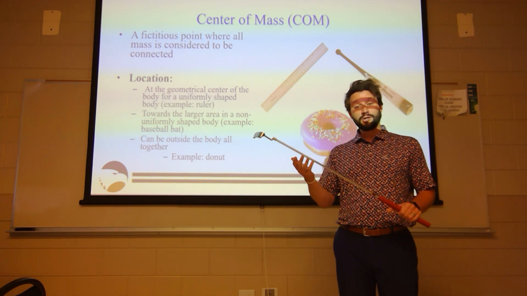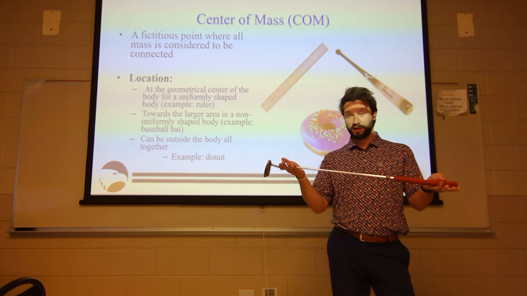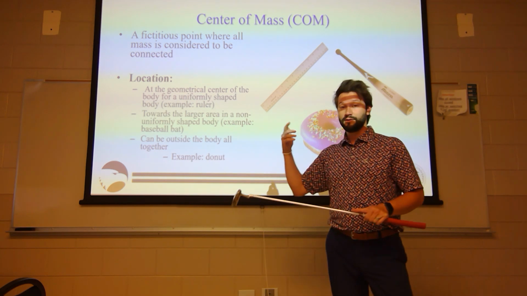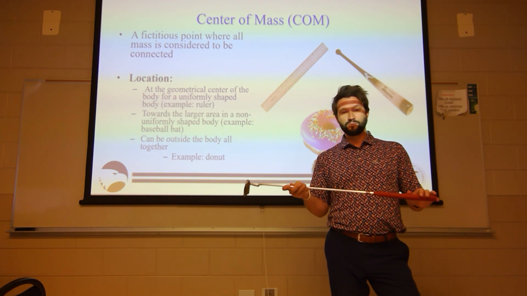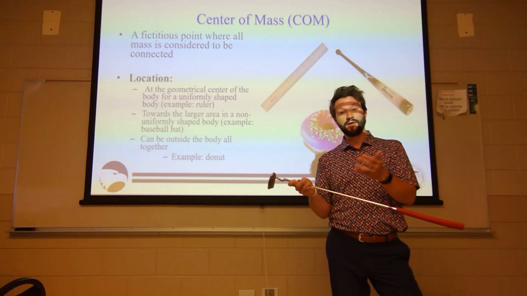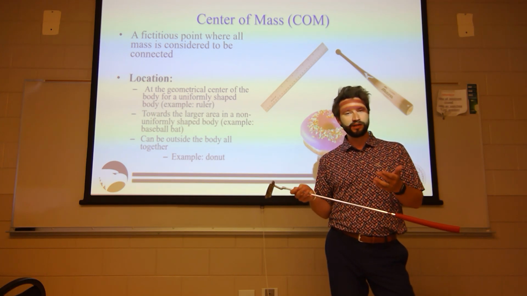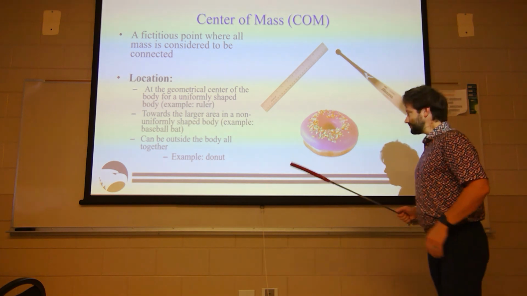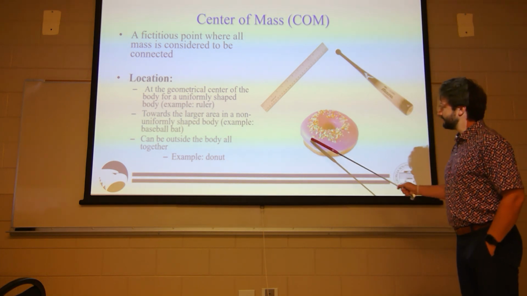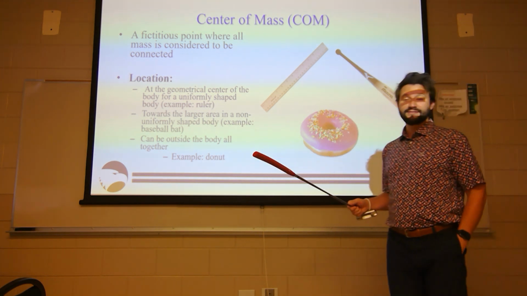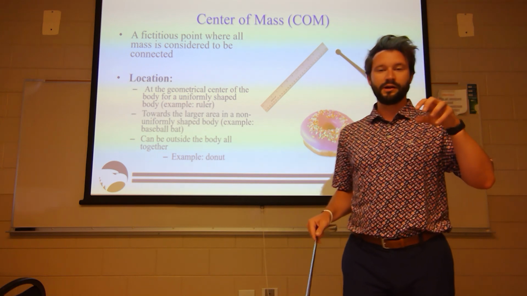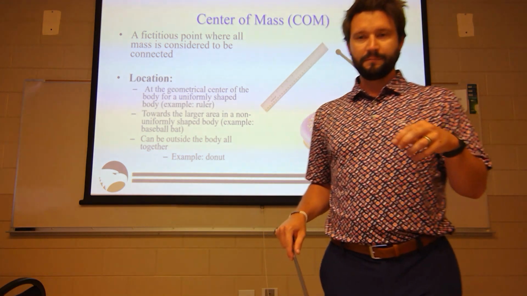If we have a non-uniform object, like a club, a bat, a racket, a body segment, whatever it might be, that center of mass will be closer to the heavier end. So it won't be right in the middle. And an important example here to note, for something like the donut, the center of mass is actually in the center of the donut.